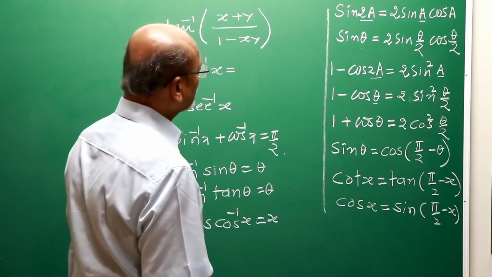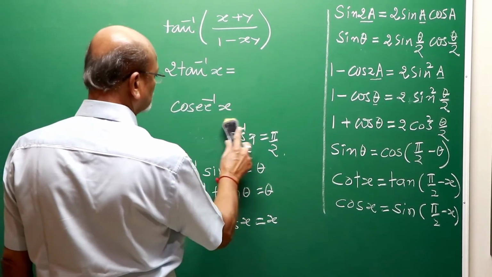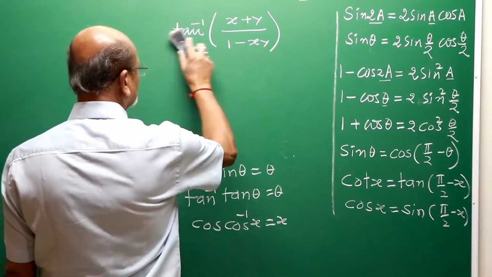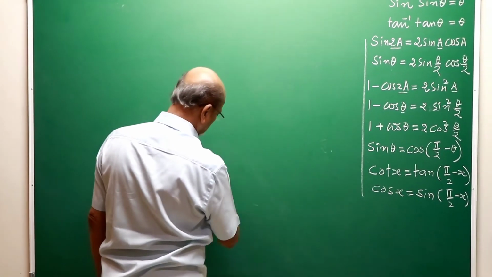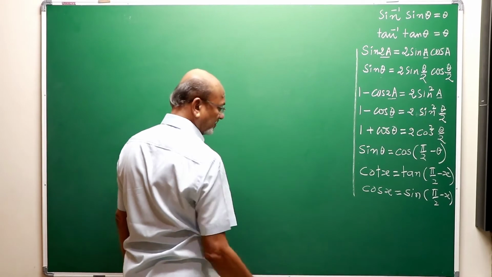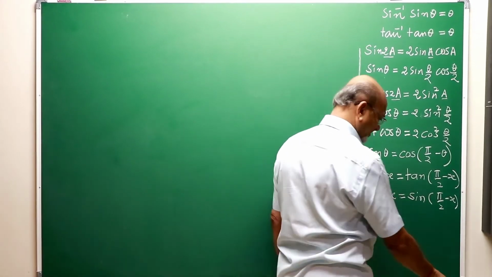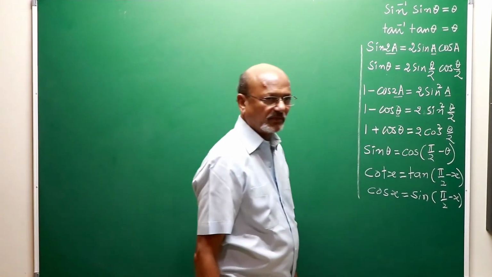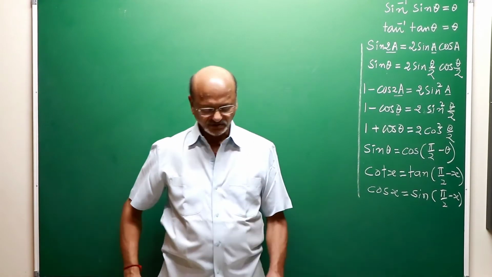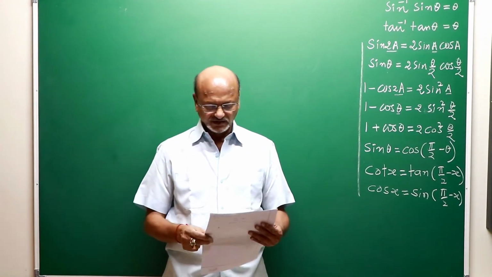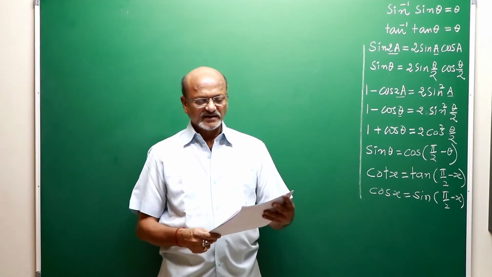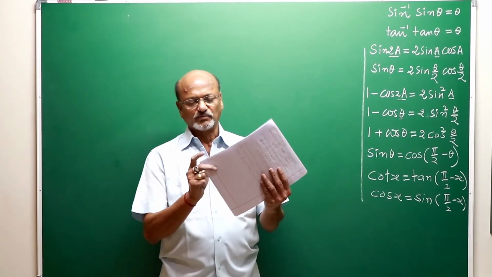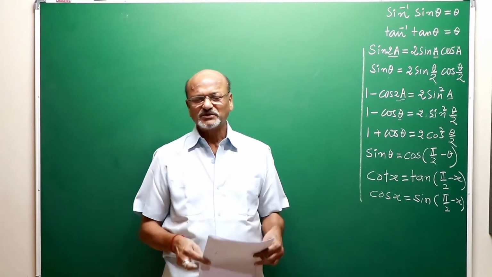Now I will do a few more examples on inverse trigonometric functions, ITF. These examples will be important under 3 marks, even sometimes 2 marks, not more than 3 marks on ITF. So the example is: write the following in simplest form. Simplest form means you have to simplify.